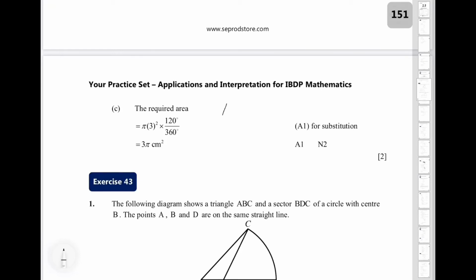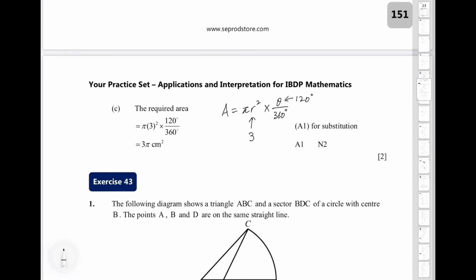formula: A equals pi r squared times theta over 360 degrees, where r will be the radius and theta will be the corresponding angle subtended by the sector. Then in order to use this formula, we replace r by 3 and theta by 120 degrees.